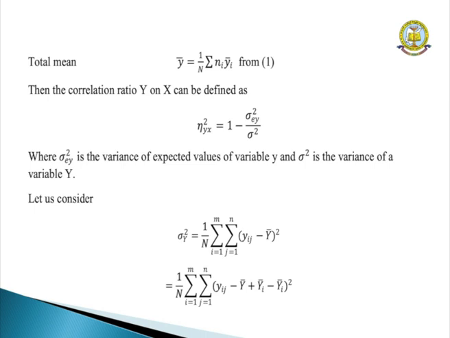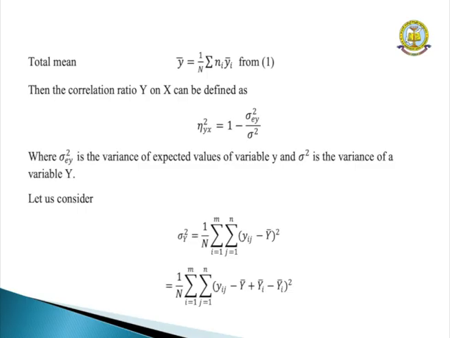The correlation ratio of y on x can be defined as eta square of y on x is equal to 1 minus sigma square ey divided by sigma square, where sigma square ey is the variance of the expected values of variable y.